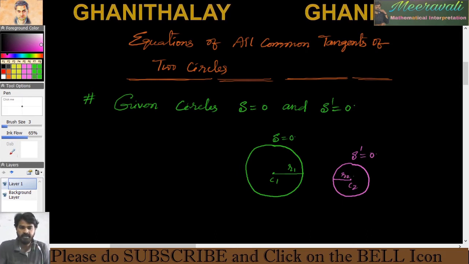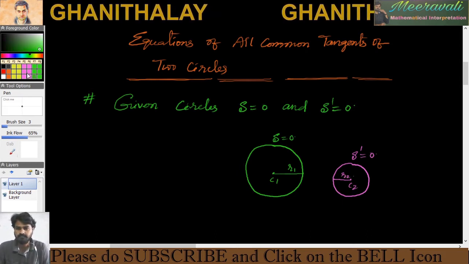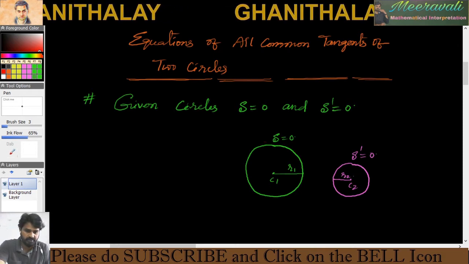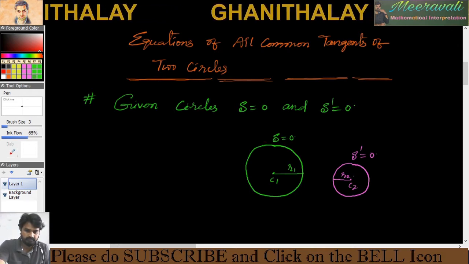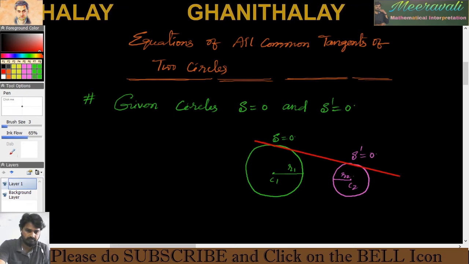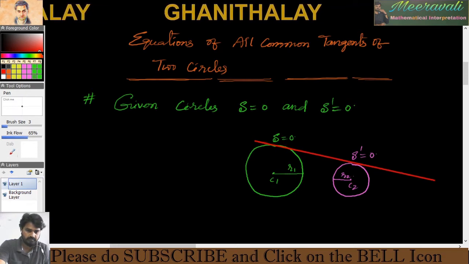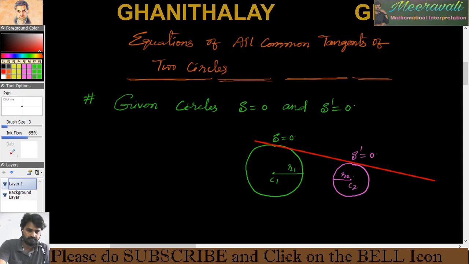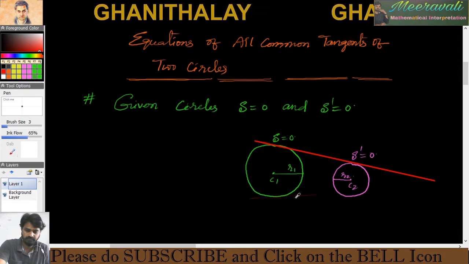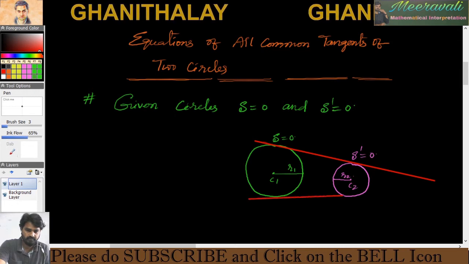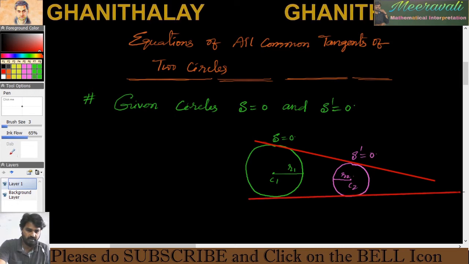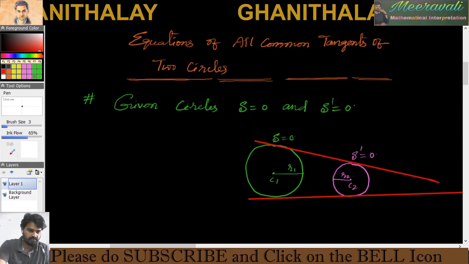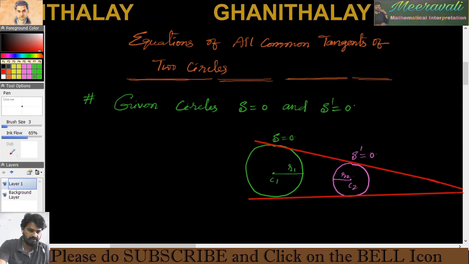Now, common tangents means the tangents can be drawn like that. This is one of the common tangents. Next, this is another common tangent. If you extend these, they will meet like that.